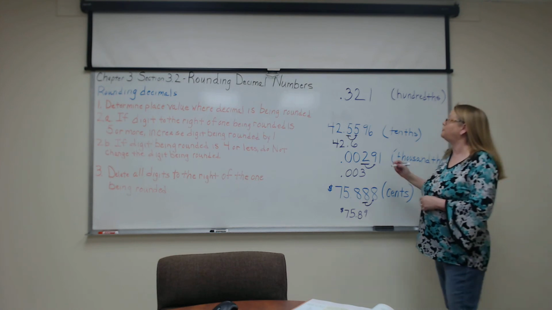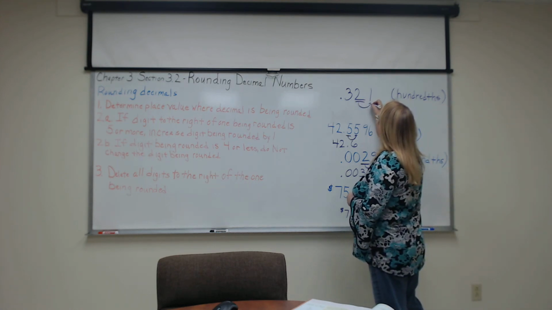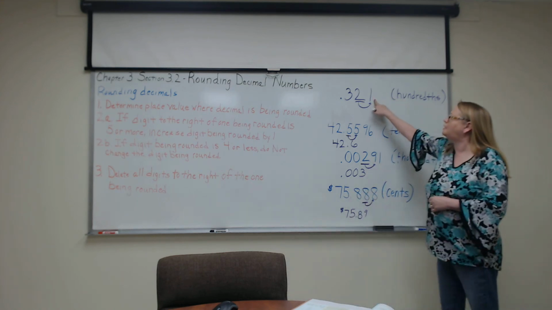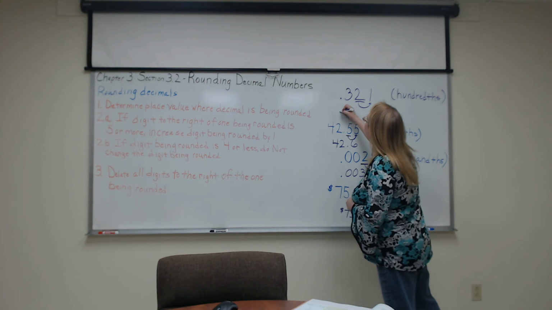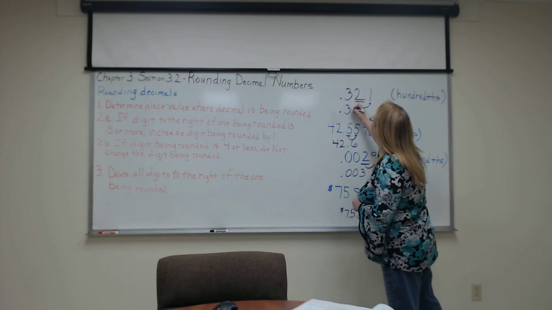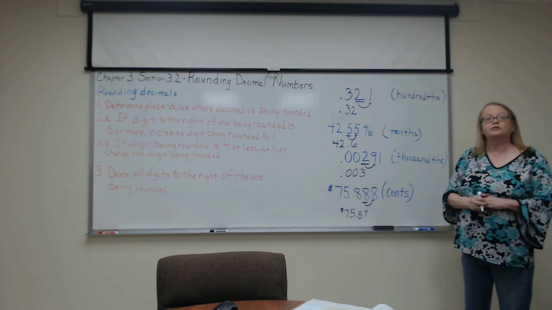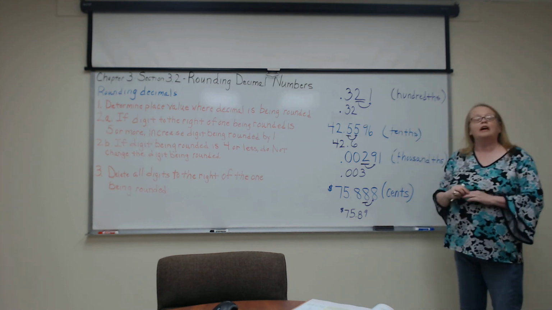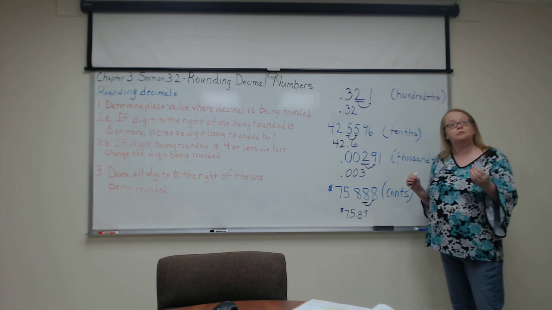So again, we're going to find that place value. We see that here. We look to the next one. Because this is a 1, we know this stays the same. So this would actually round to 32 hundredths. That just gives you an example if the number that was following the one that's being rounded was between 0 and 4.